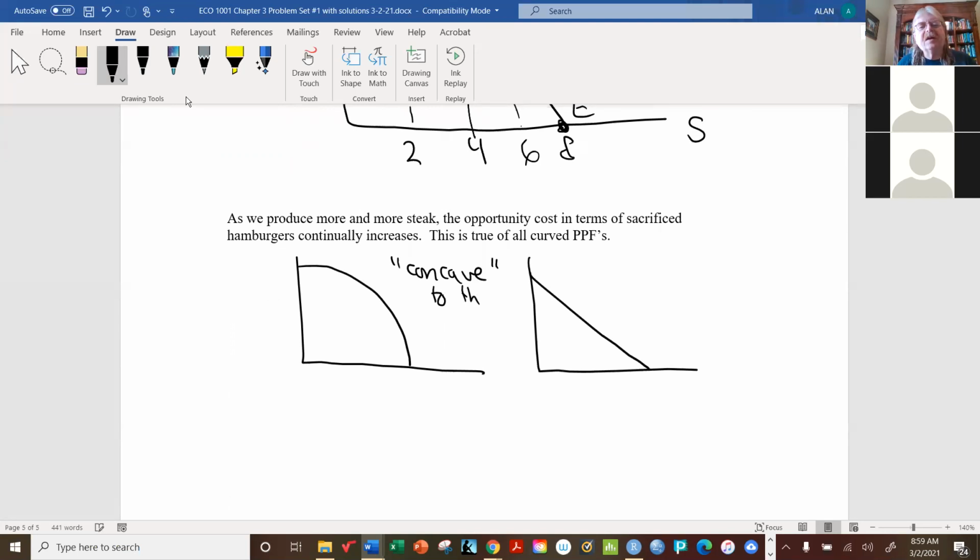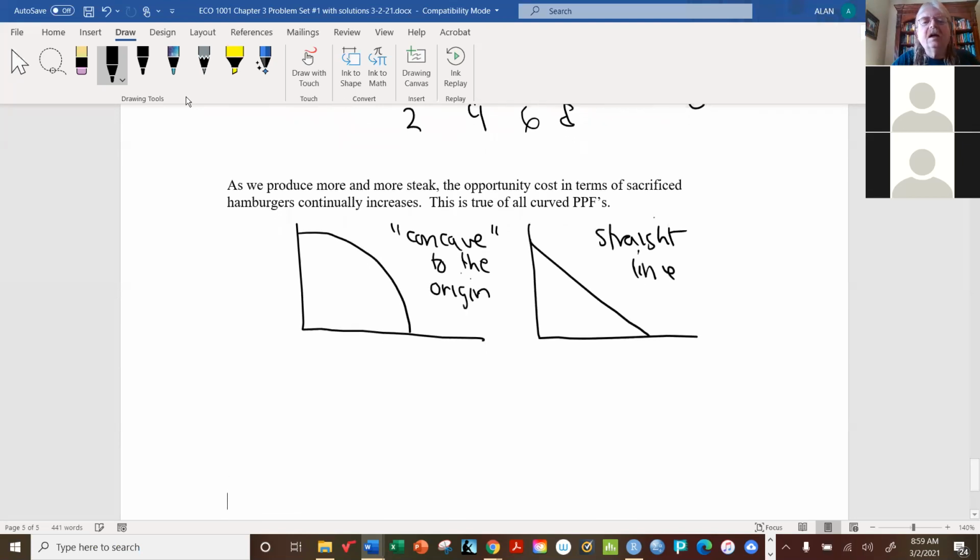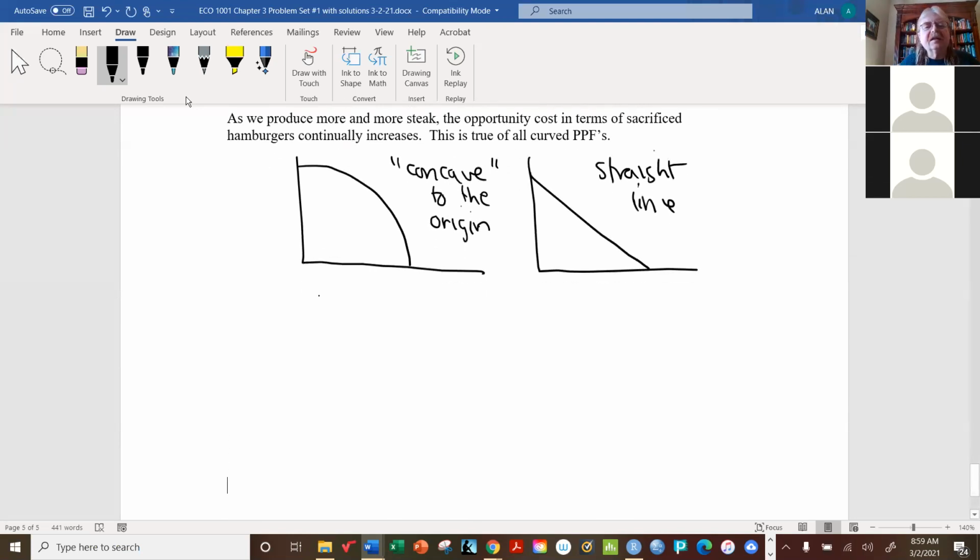You might remember that from high school math. Concave to the origin. You don't have to remember this. And this, of course, is a straight line. The one thing you can't have with these things, you'll never see something like this. Okay, this one is said to be convex to the origin.